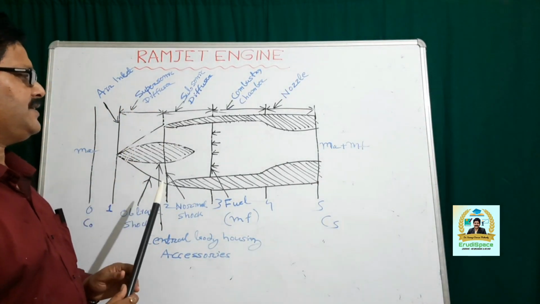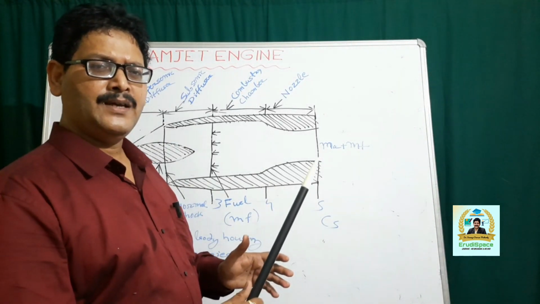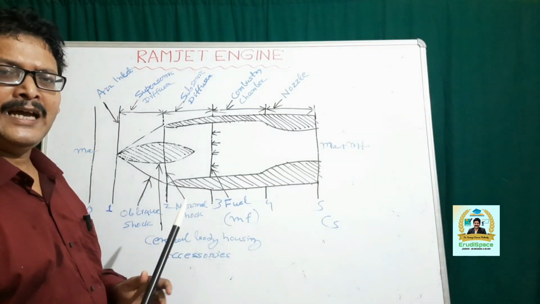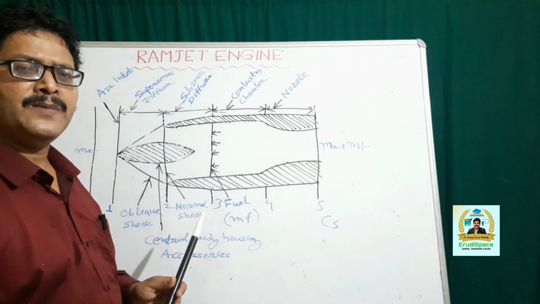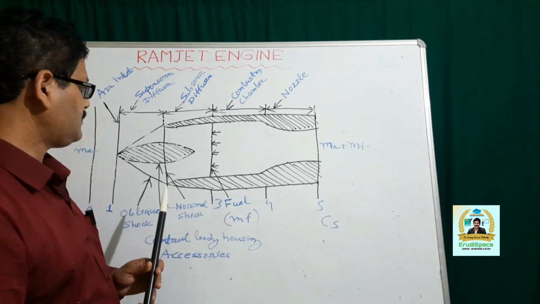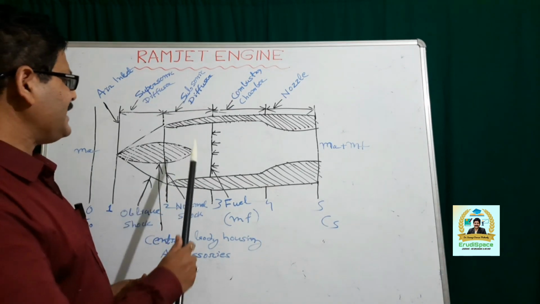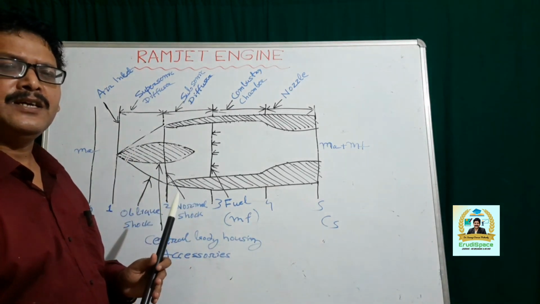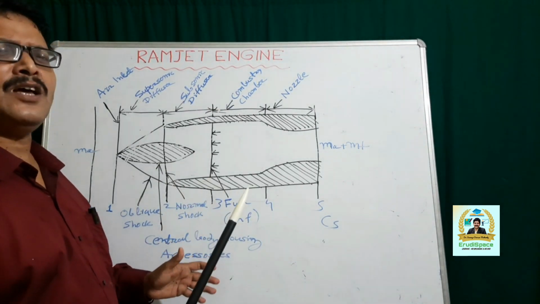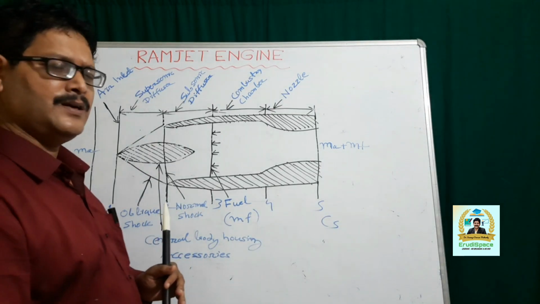And apart from that, as you do not have a compressor, you can achieve a very high temperature, which ultimately helps in improving the performance of the engine. Then, as compressor is not there, there are no moving parts. So maintenance of moving parts is not required due to absence of this compressor.